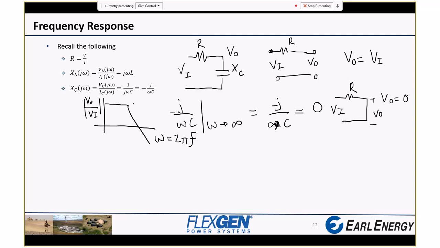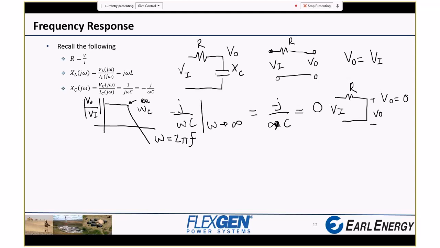And this is known as the corner frequency, omega c, the corner or cutoff frequency, which is defined by the values of R and C. Again, not going to go through the derivation, just want to introduce the concept.